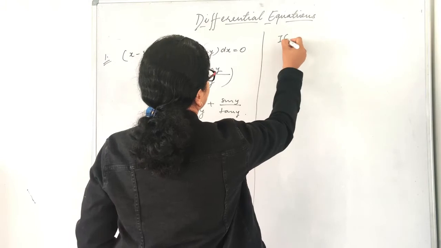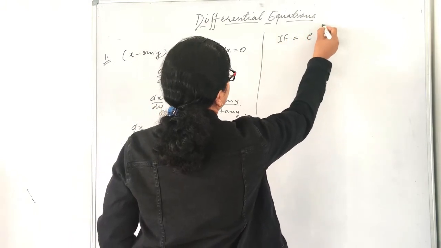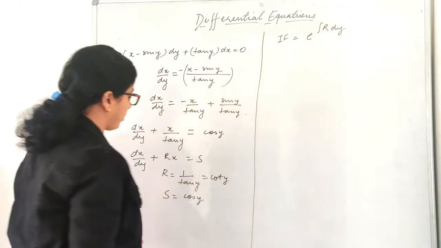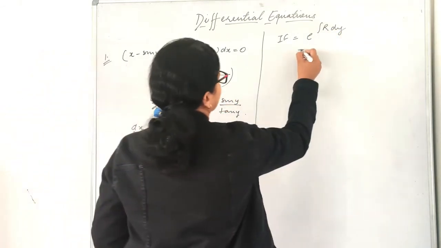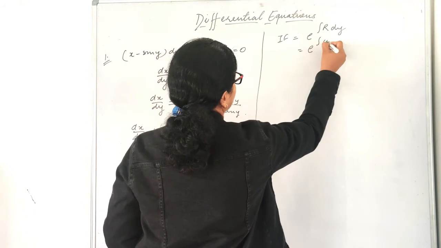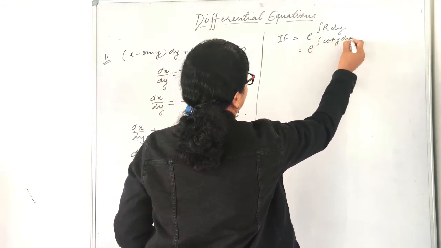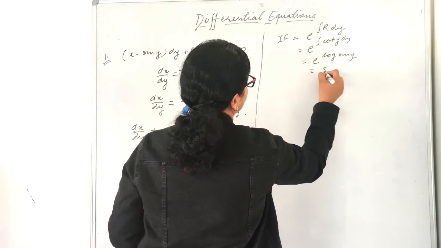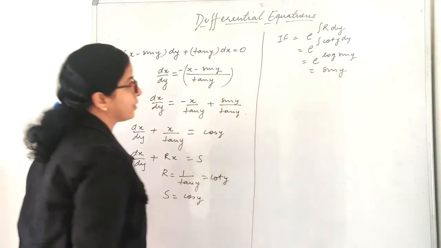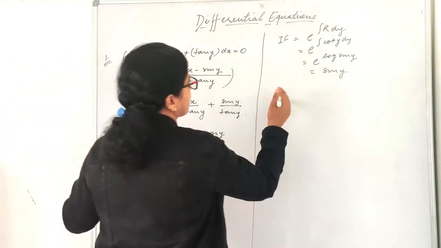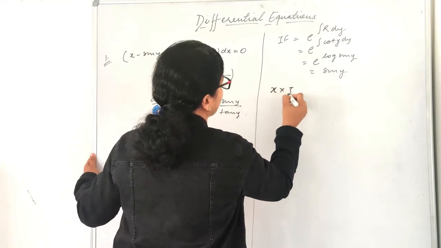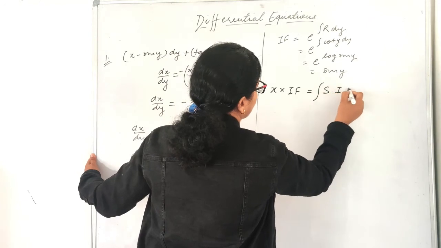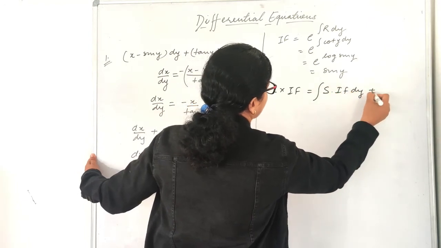So the integrating factor in this case will be e to the integration r dy. Okay, so it is e to the integration cot y dy, e to the log sin y, right, which is nothing but equal to sin y. Okay, so now the solution of this differential equation is x into integrating factor is equal to integration s into integrating factor dy plus c, right?